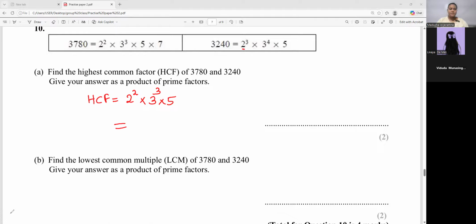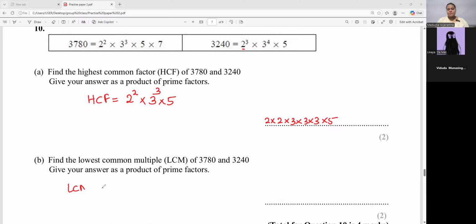Then expand it. No need to expand. Give your answer as a product. So I can write 2 times 2, 3 times 3 times 3, times 5 as a product. Find the LCM.